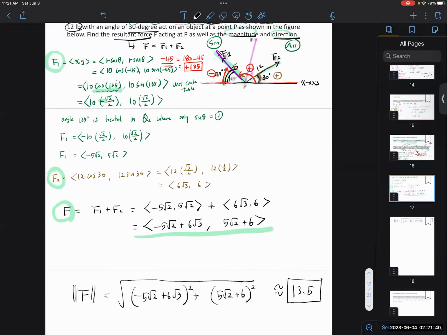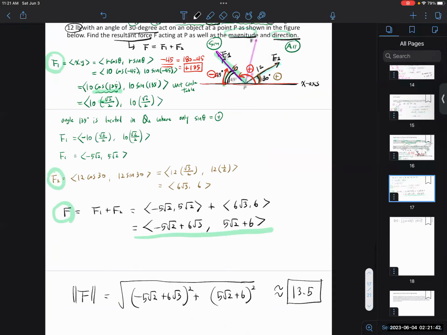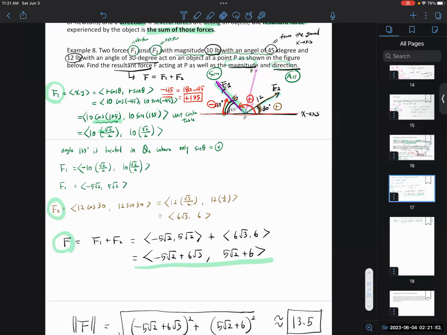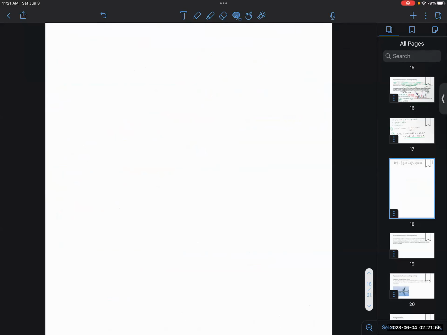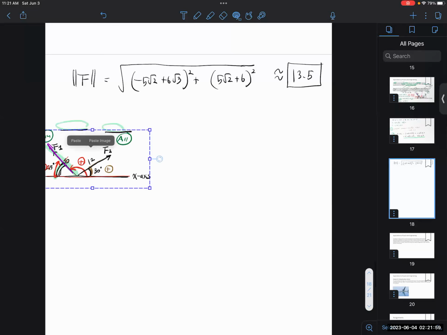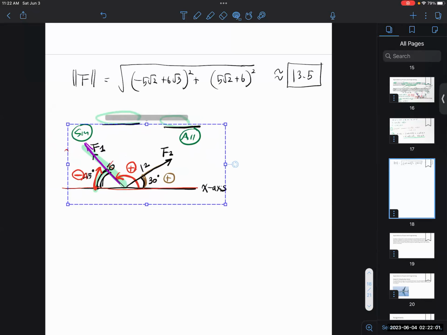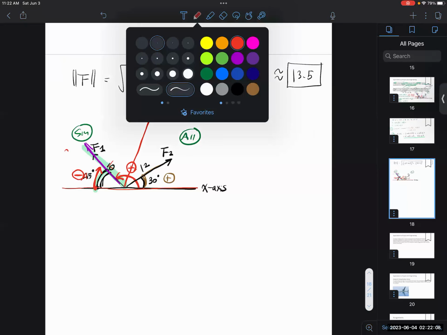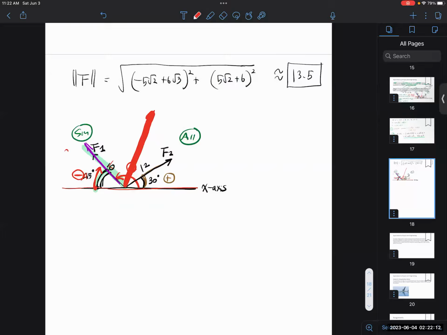Now what we are looking for, last one, is the magnitude and the direction. The direction is going to be somewhere between... I'm going to copy this. This is the summation, this is the resultant force.